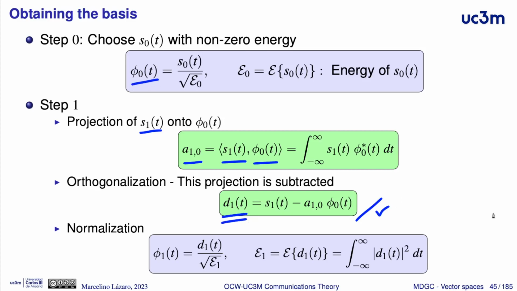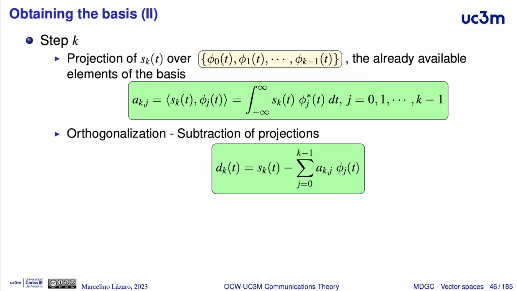This function is called D1, just by subtracting from S1 the projection of this signal with respect to phi 0, the coordinate with respect to phi 0 times phi 0. And then D1 is normalized by dividing it by the square root of its energy to guarantee that phi 1 has energy equal to 1. And this procedure is repeated with every signal.